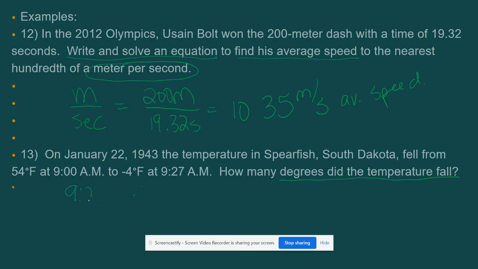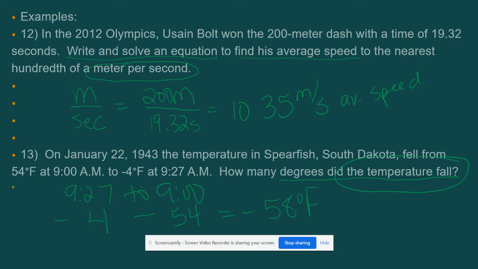So the difference from 9:27 to 9 o'clock is -4, and it started at 54. Now the difference, we want to know because it fell, that's a difference in temperature. Difference is subtracting. So -4 minus 54 gives us -58 degrees Fahrenheit.